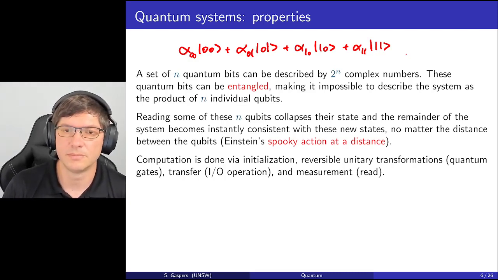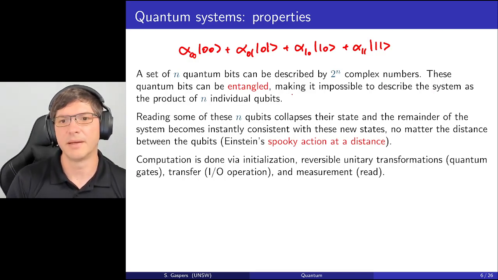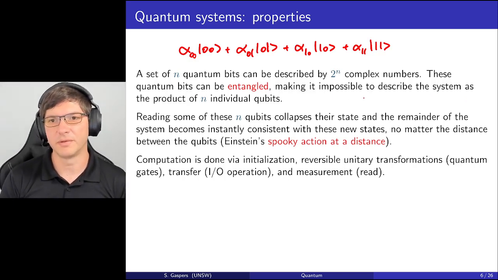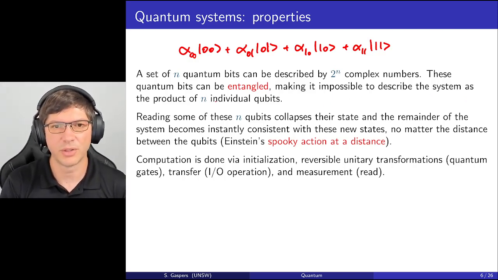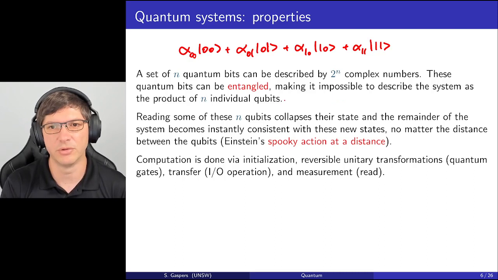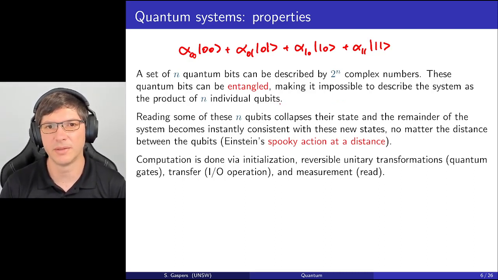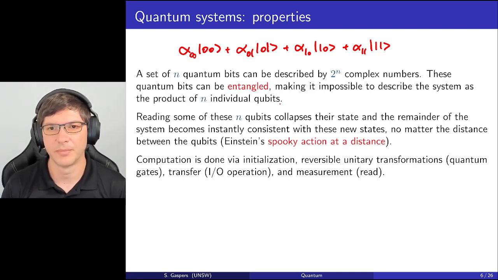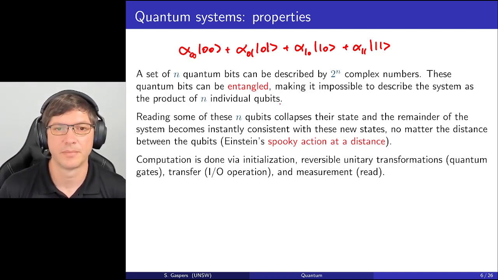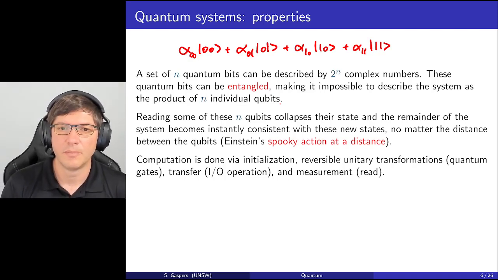But now, these quantum bits can actually be entangled, and that makes it sometimes impossible to describe the system as the product of n individual qubits. So to describe your system on n qubits, it's not sufficient to just write down the amplitudes of each qubit because they actually depend on each other.